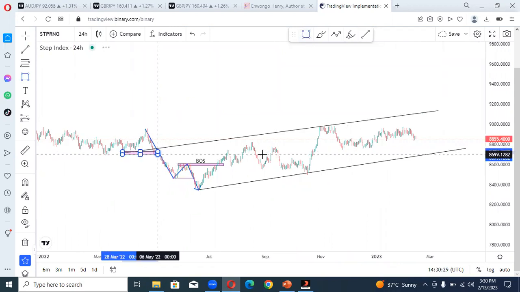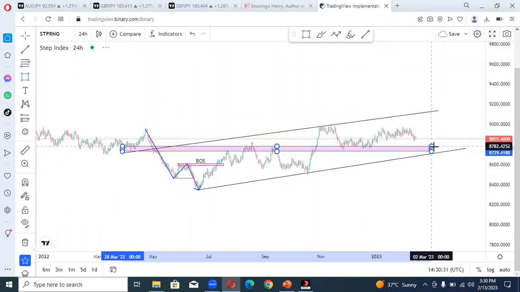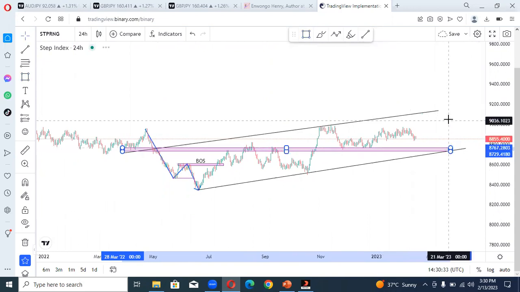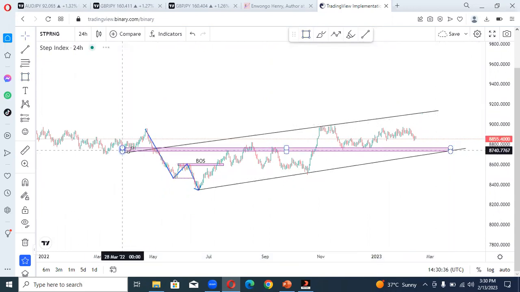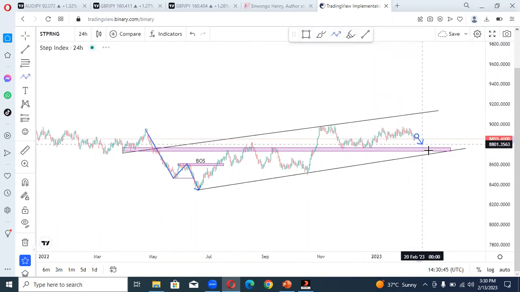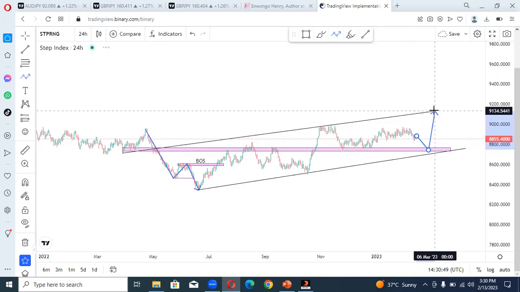So if you don't mind, let me draw this here so we can actually see that. Support all through became resistance, and it broke through and it became support. So if price should actually drop to this point, we are going to sell down here, and then it's going to move up here.